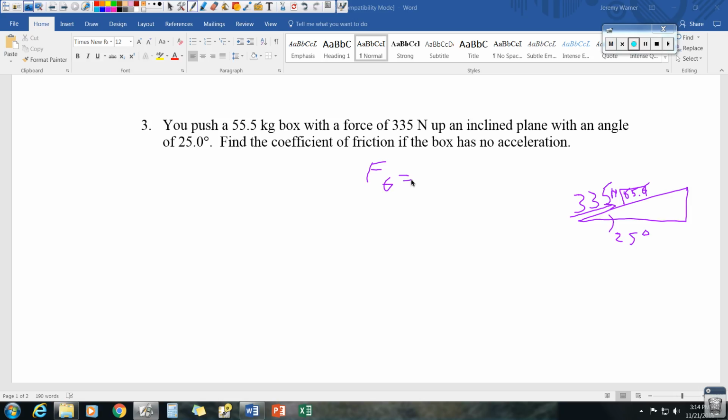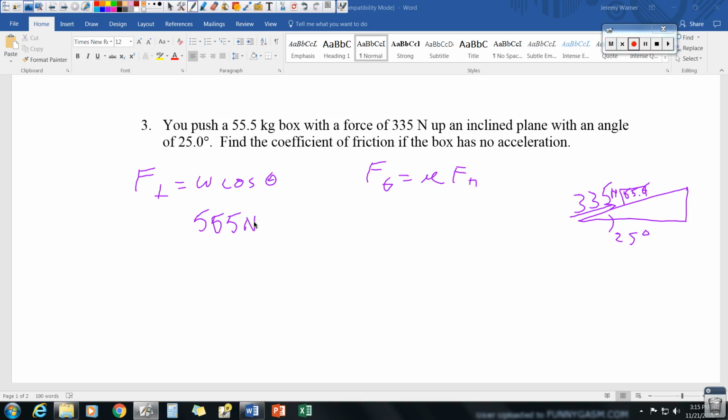We do have to find the coefficient of friction using this equation. Force of friction is equal to mu times the normal force. Okay? The normal force is actually pretty easy. It's just the perpendicular force. So the perpendicular force should be the weight times the cosine of theta, which in this case is just going to be, remember, the 55 kilograms you need to multiply by gravity, so we can say 555 newtons times the cosine of 25 degrees.